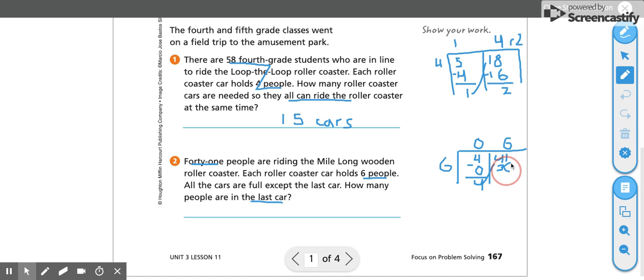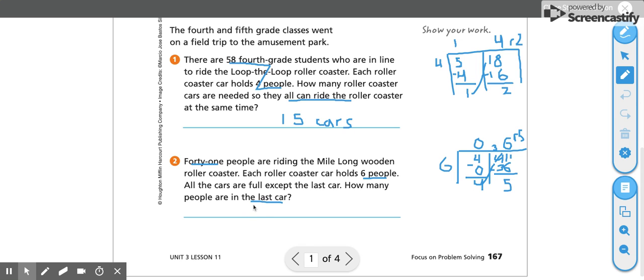Go ahead and do some subtraction here. I can't do 1 minus 6, so I'm going to change this to a 3. And then I would get 11 minus 6, which is 5. So I get a 6 remainder of 5, meaning that I have 5 people that are in that last car.